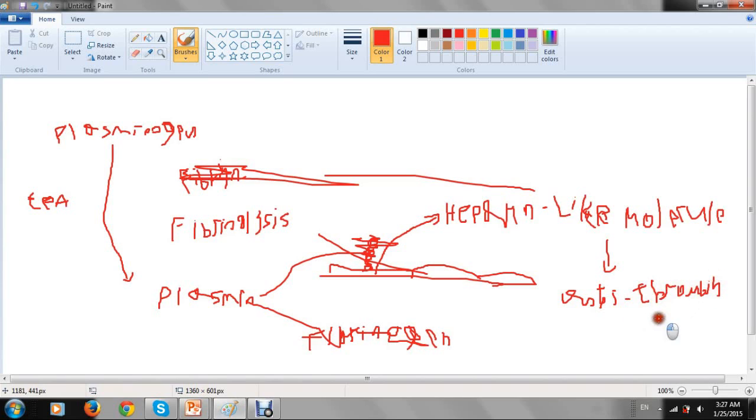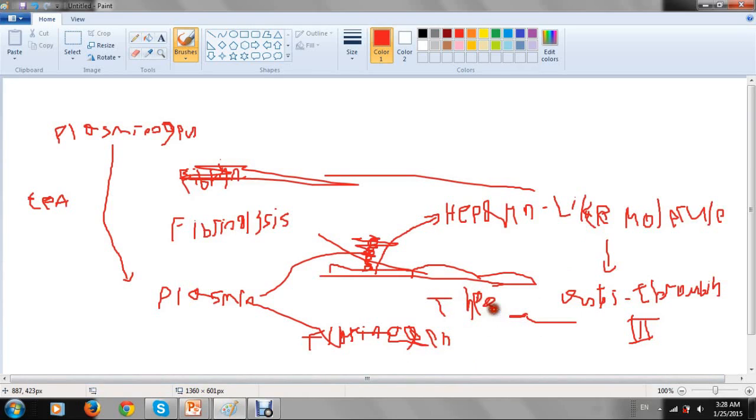Antithrombin 3. Do you remember the function of thrombin? Of course, this is the end result of the coagulation cascade, formation of thrombin, which converts fibrinogen to fibrin and stabilizes the platelet plug. So antithrombin 3, activated by a heparin-like molecule released from the endothelial cells, basically shuts off thrombin, like the name.